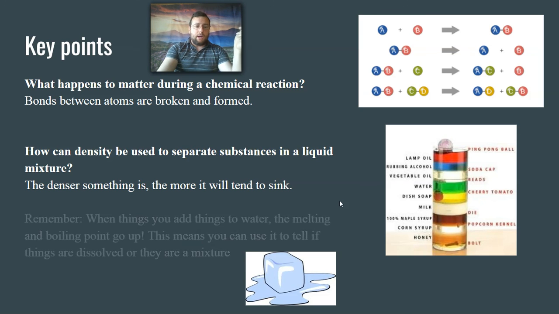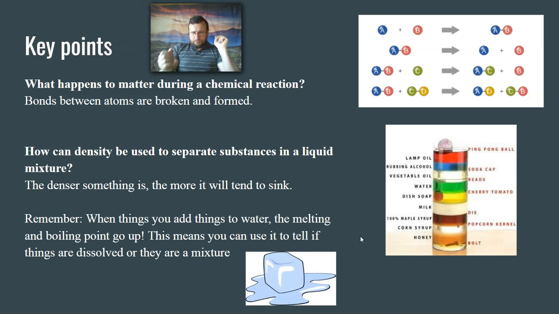The other part about boiling point is that while you can't trust things like color, things like size, things like temperature to know if something is a mixture or a pure substance, you can use things like the melting point or the boiling point of the substance.